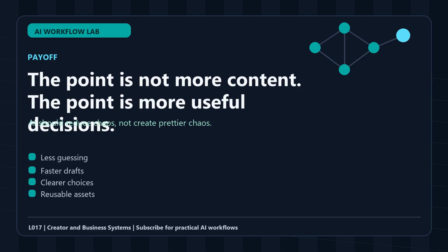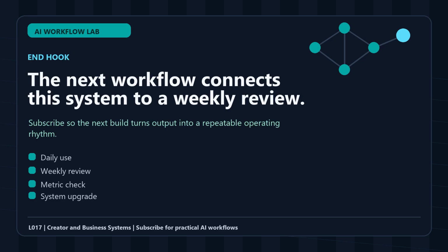The third example should include a constraint, such as a deadline, a budget, a specific audience, or a quality standard. After those 3 runs, compare the outputs. Keep the lines that helped you make a decision. Delete the lines that sounded good but did not change your next action. Add one rule that prevents the most common failure. This is how the system becomes sharper without getting bigger.